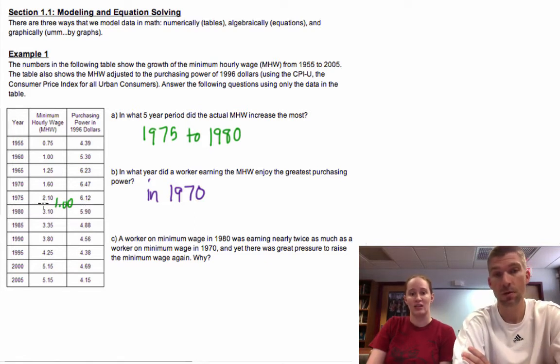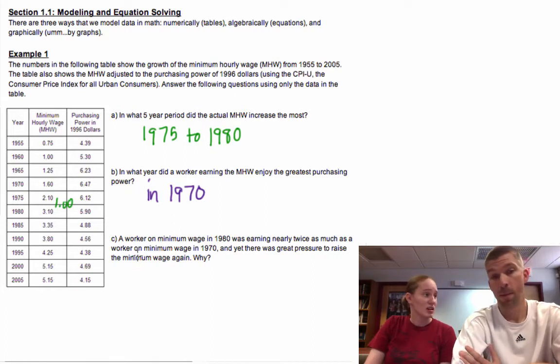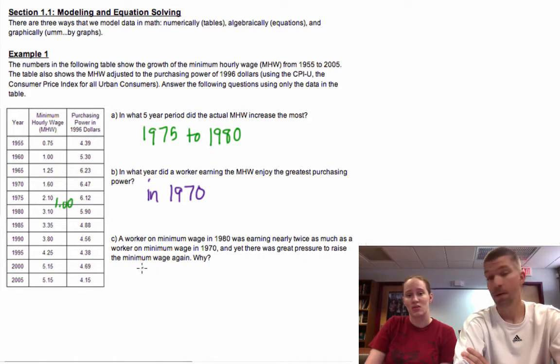You want what you have to go as far as possible. If you look at 1970, you're at $1.60. In 1980, it's at $3.10. But how much it's actually worth is $6.47 versus $5.90. That's about a 50-cent difference. I would say inflation had to do with that.